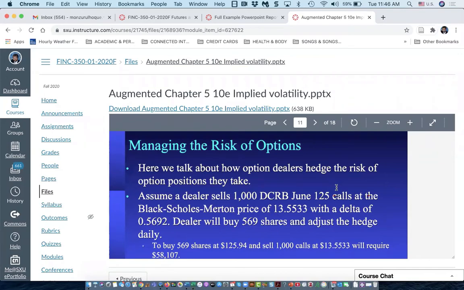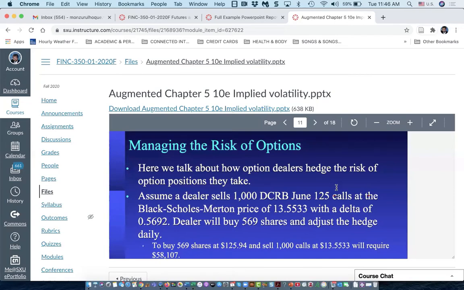When I asked you to interpret delta for me, and all of you did very well, that is, if the delta is 0.5, and then the stock goes up by $1, what will happen to the call option price? Will it go up or down?